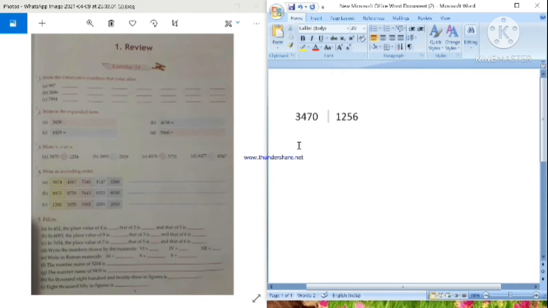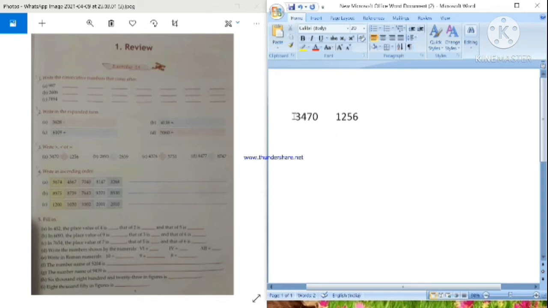For this we will check the place values of the first digit. First of all we will check how many places are there. So in this we can say it has ones, tens, hundreds and thousands. Four places, a four digit number. Here also four digits, so both are four digit numbers. Now we will compare the thousand place digit.